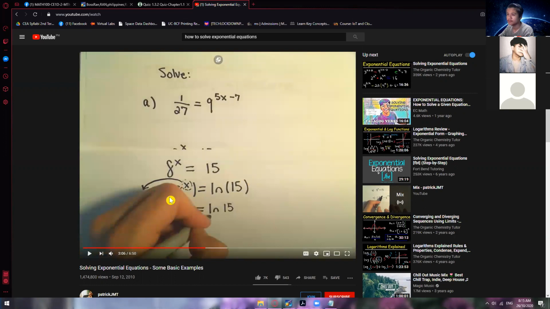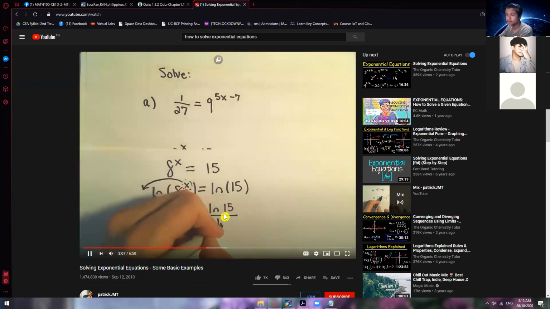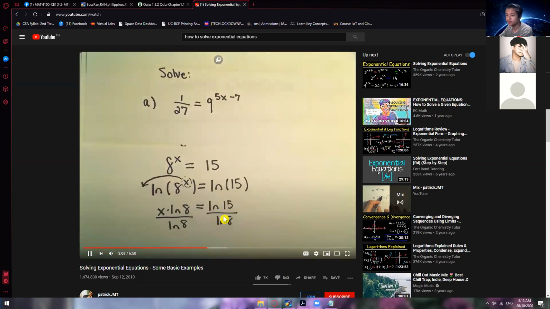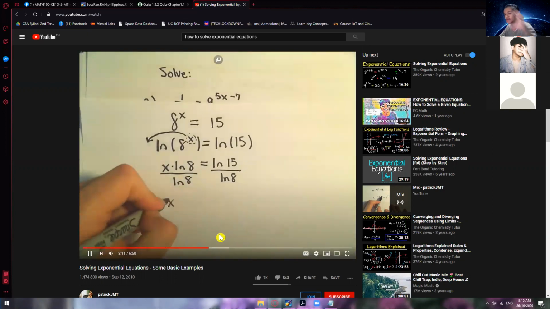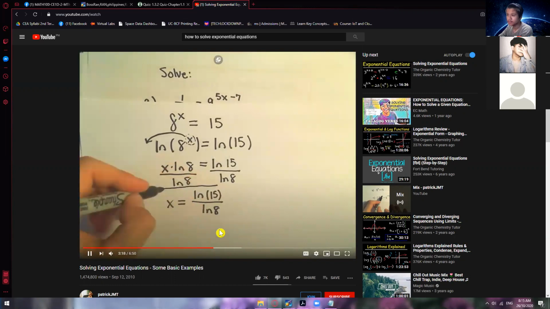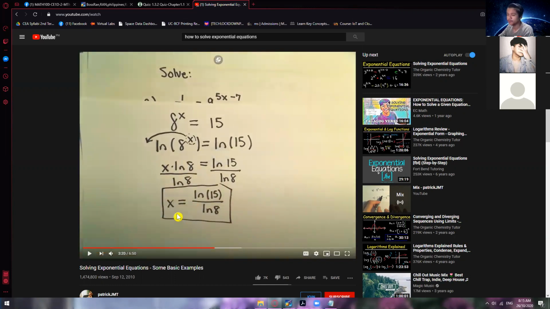This 8 now can be transferred to the right side para yung missing value is nasa kabila and yung mga given values is nasa right. So as your final equation, x is equal to ln of 15 divided by ln of 8. Okay. So, ganun lang naman.